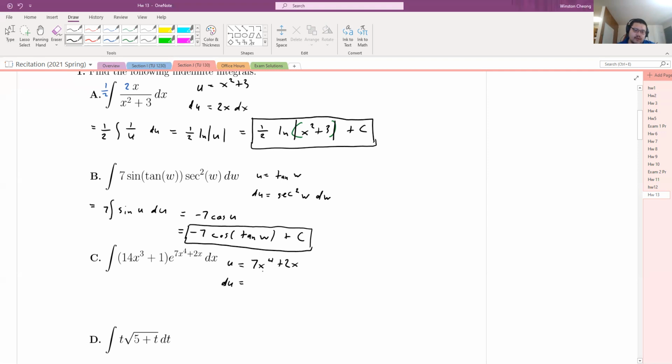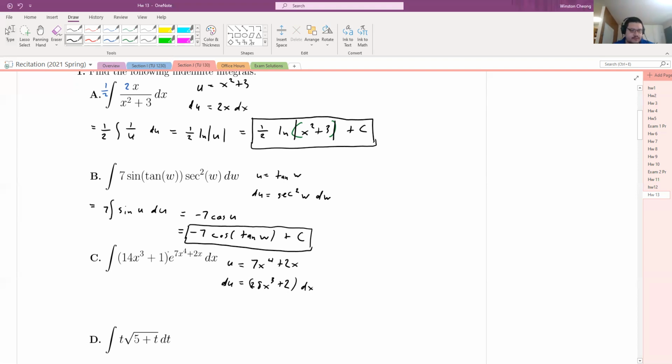So this is where the polynomial in front is special with respect to the exponent. It just matches up very nicely, almost coincidentally. So when you take the derivative, we get 28x cubed plus 2 dx. Put a dx around both of the things and see that this is twice of this.